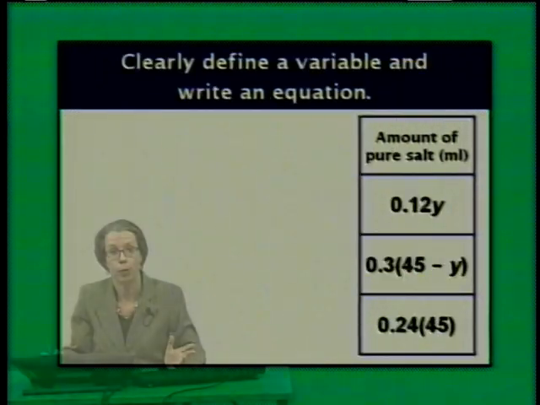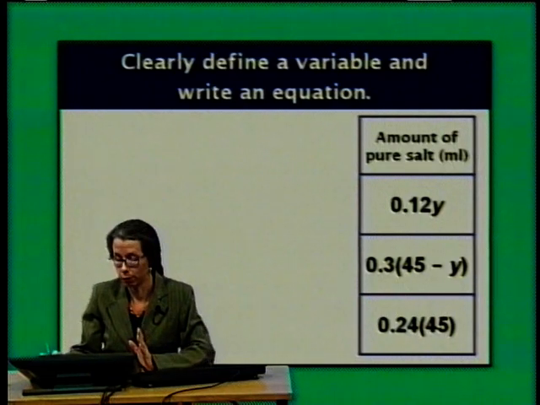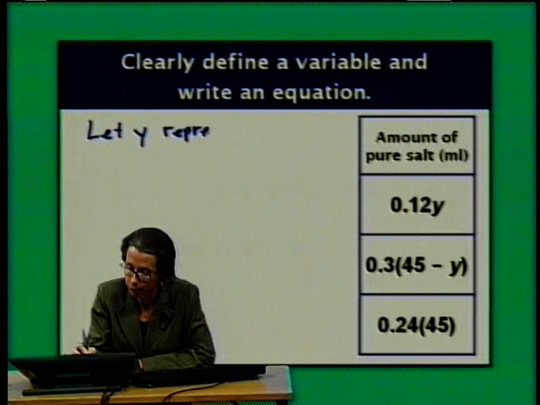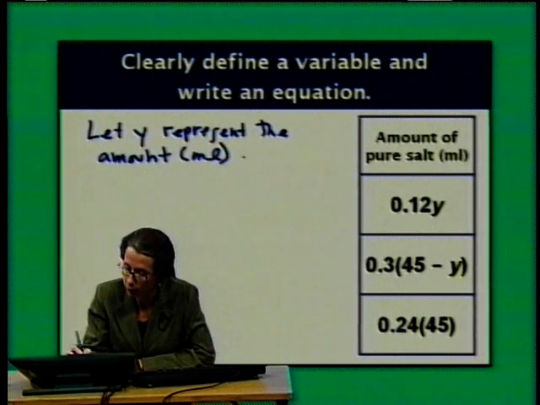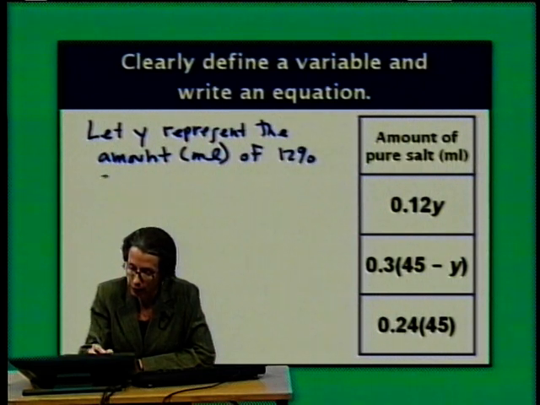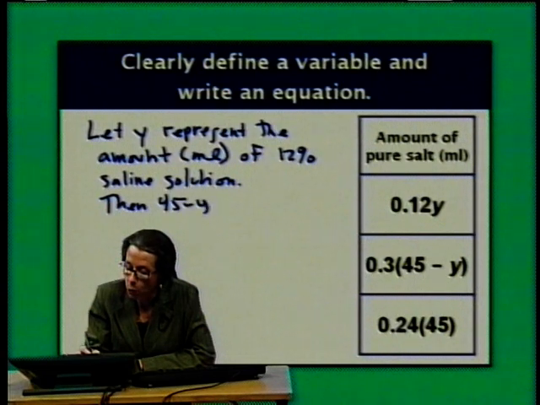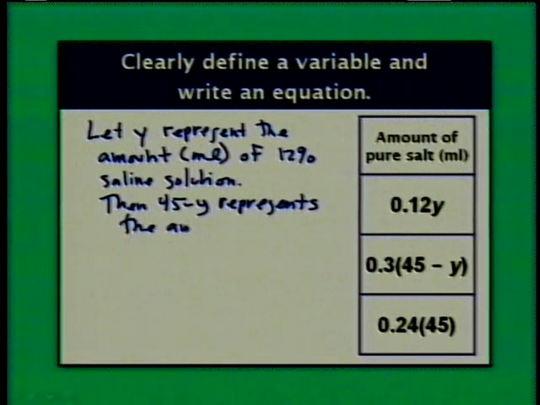So now let's define a variable and write an equation to solve the problem. So I'm going to let Y represent the amount, and we're measuring amounts in milliliters in this problem, of 12% saline solution. So then 45 minus Y represents the amount of 30% saline solution.